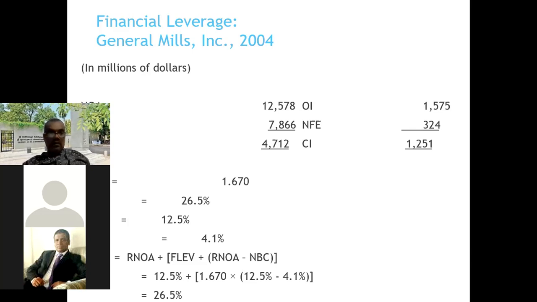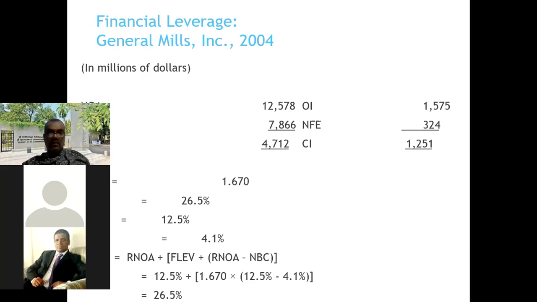Financial leverage I get from operating income divided by net operating assets. Then do you get this number? Yeah, it's 1.667. Are you sure? So operating income is 1,575 divided by what?